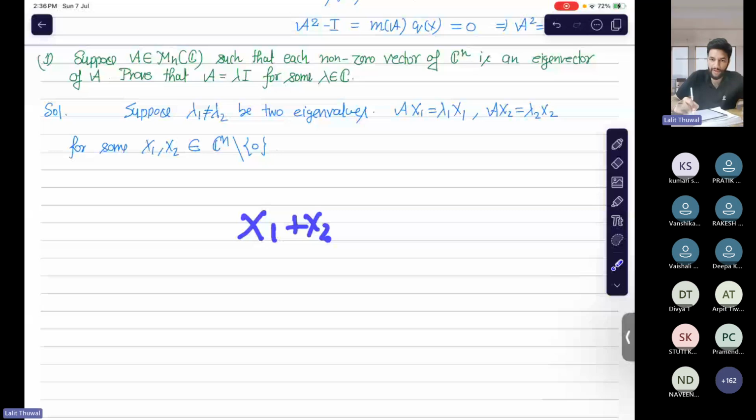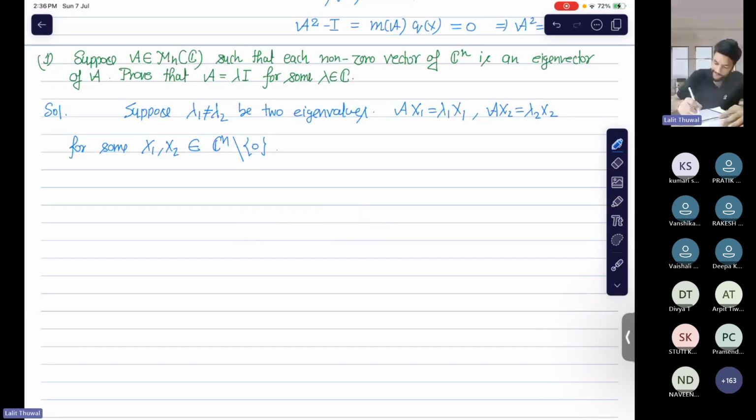And let me tell you that x1 and x2 are not going to be 0. Why is it not going to be 0? Because the eigenvectors corresponding to distinct eigenvalues are linearly independent. You are already familiar with that, right?